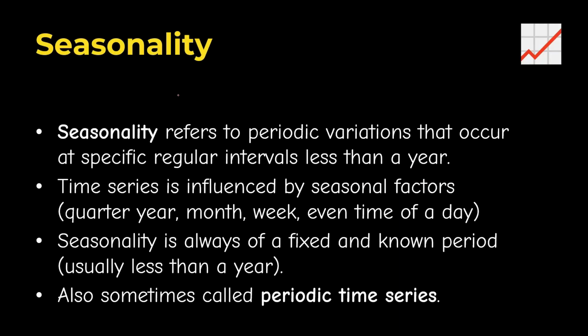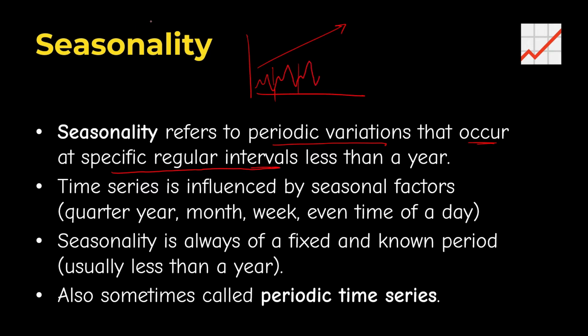Okay, the second component, seasonality. Seasonality refers to the periodic variations that occur at specific and regular intervals. When we saw the airline passengers dataset, while it was increasing, year on year there was a repeating pattern, somewhat like this.